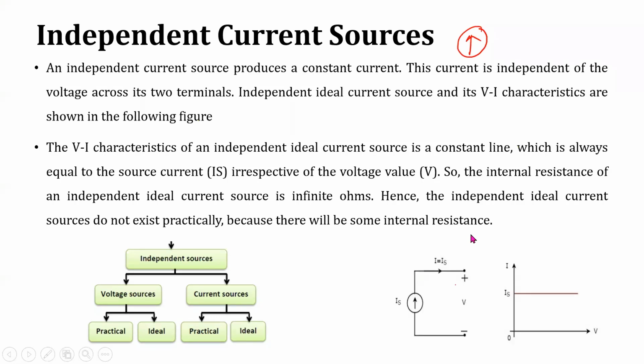As we discussed for the independent voltage source, we find internal resistance. Similarly, in the case of an independent current source, we find internal resistance. In a voltage source, we find a series internal resistance.